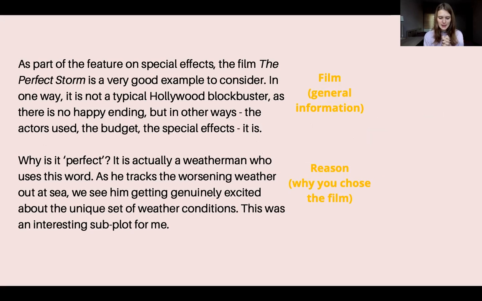And the second paragraph also informs the reader what topic the writer is going to develop. In our situation, this is the weather and how the power of weather is portrayed in the film. So you see the person is getting closer and closer to the main idea of the review, so what the person is going to focus on.